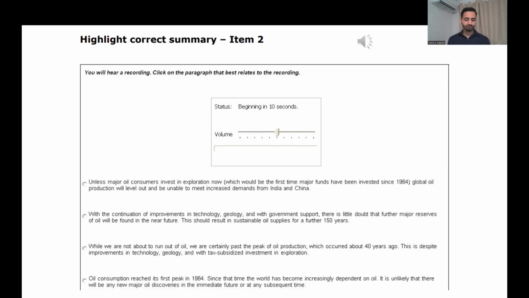We are not running out of oil. The first thing that one can say with absolute confidence is that we are not about to run out of oil. We are definitely not. But what we are approaching is the end of the first half, and this is one way to describe it. And this chapter in history lasted about 150 years since the first oil was produced.